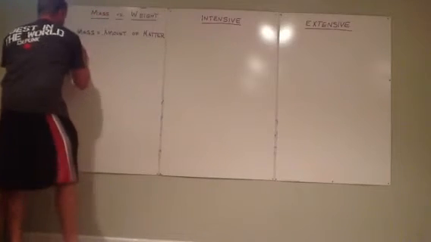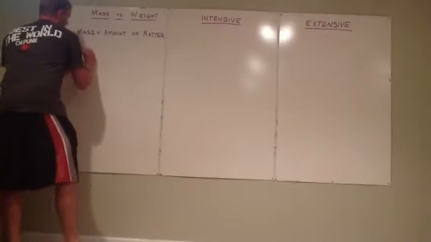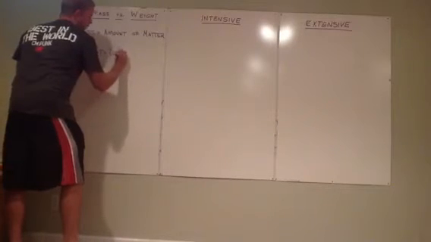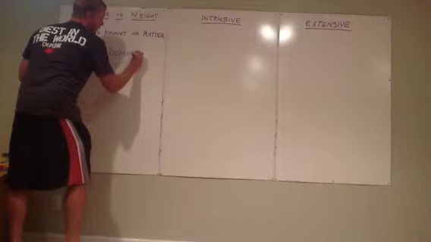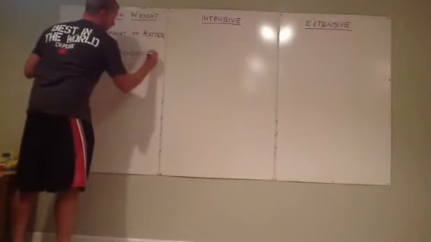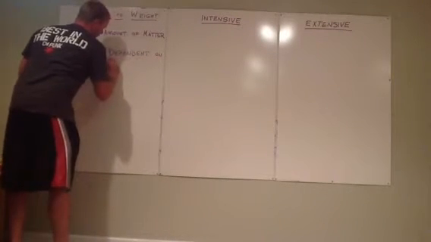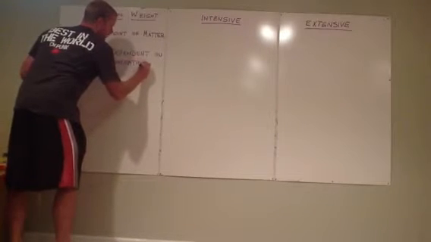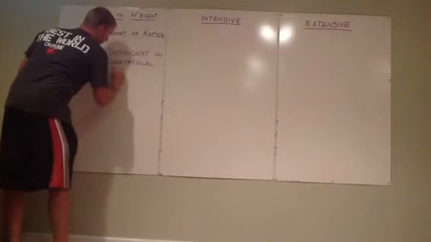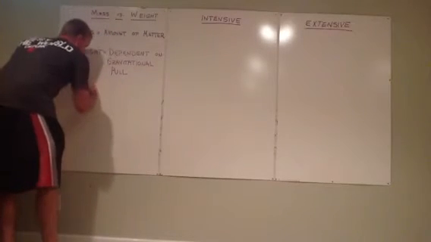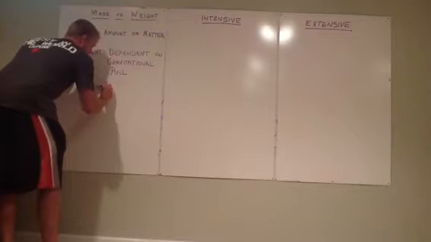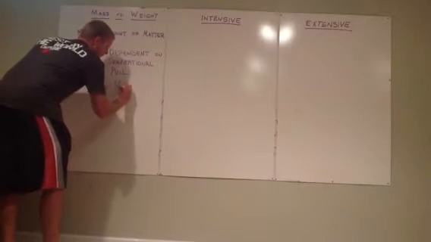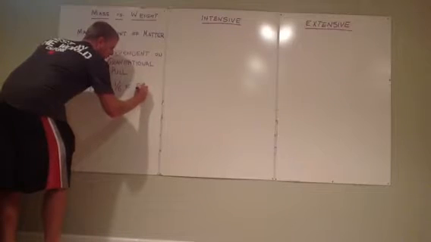However, weight is a little different. Because weight is dependent on the pull of gravity. Dependent on gravitational pull. And so what happens with this is, again, I'll give you an example. The moon, the gravity on the moon is 1/6 that of the Earth. 1/6.